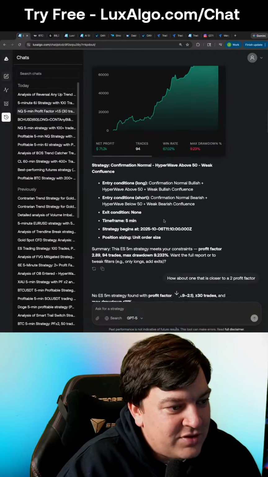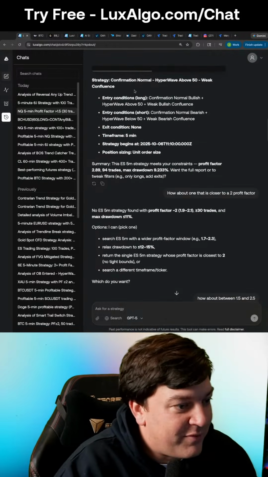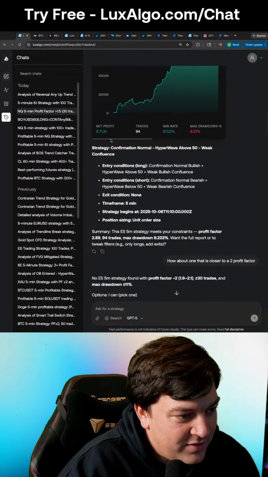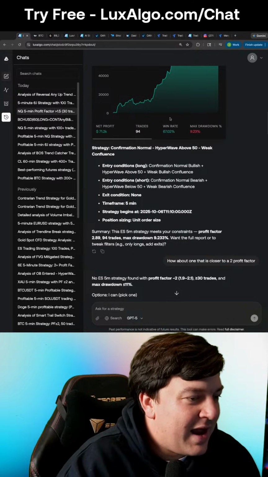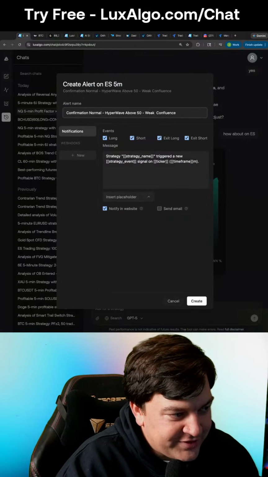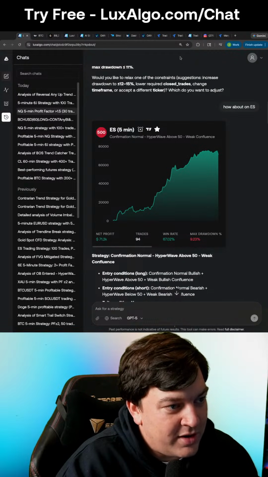The AI gives you the ability to find the combinations that have been profitable based on the statistics you want: win rate, max drawdown, profit factor, whatever. From there, you can set up alerts to automate through a third party to trade on Tradovate or whatever.